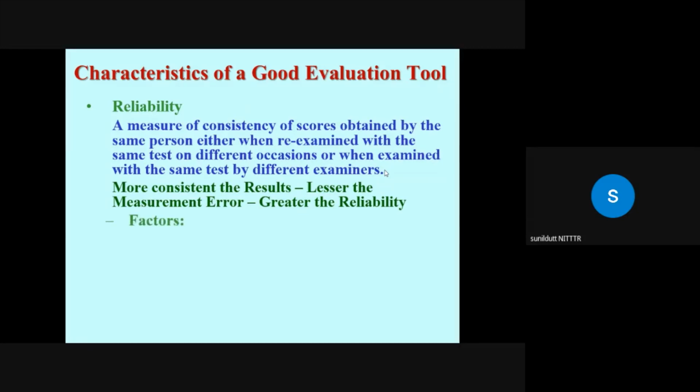Now there are certain factors which, if not kept in mind, will lower the reliability of test results. One is the length of the test. In general, I would say the longer the test, the higher would be its reliability.